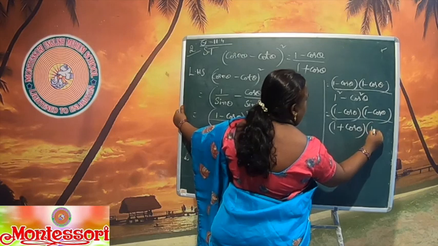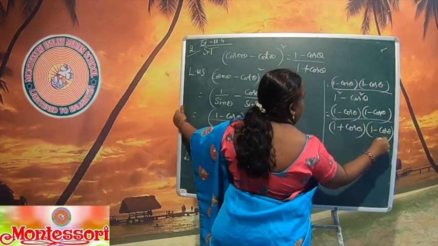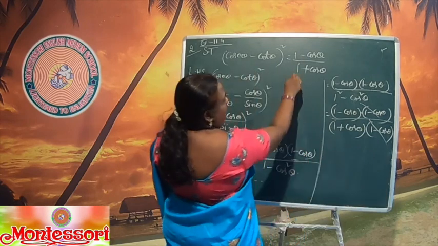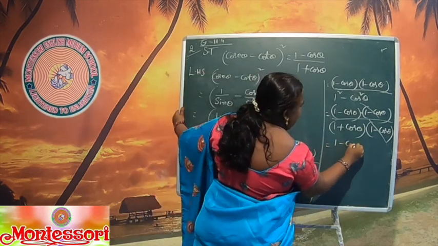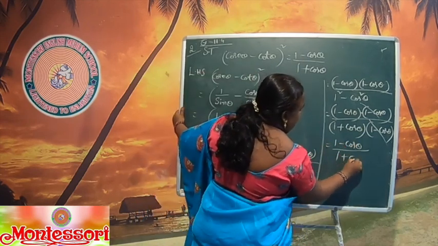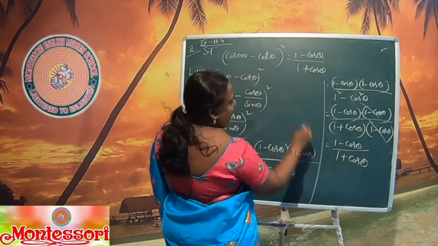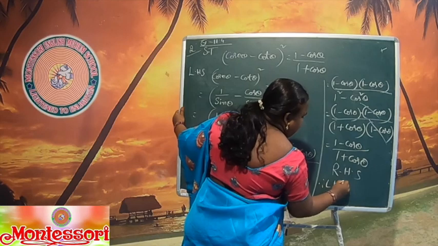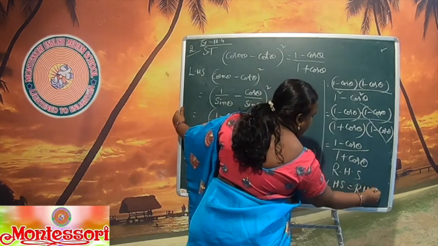This is a product, so you can cancel the common terms. What remains is (1 minus cos theta) by (1 plus cos theta), which is RHS. Therefore LHS equals RHS.